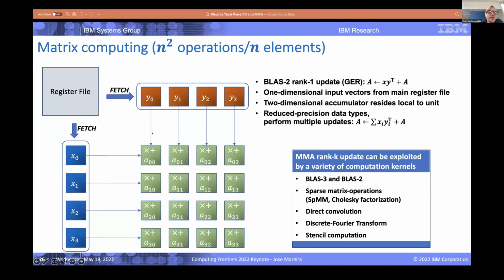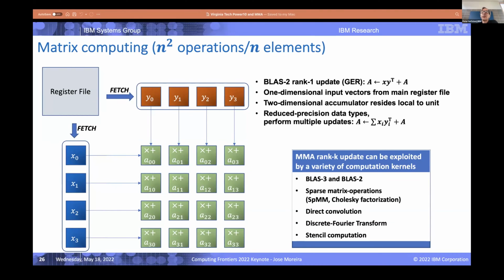So this now gives you, if these are single precision floating point numbers, instead of the 8 flops per cycle, multiply add remember, 4 times that, 32 flops per cycle, using still 2 vector input registers, but now accumulating into this matrix register rather than another vector register.